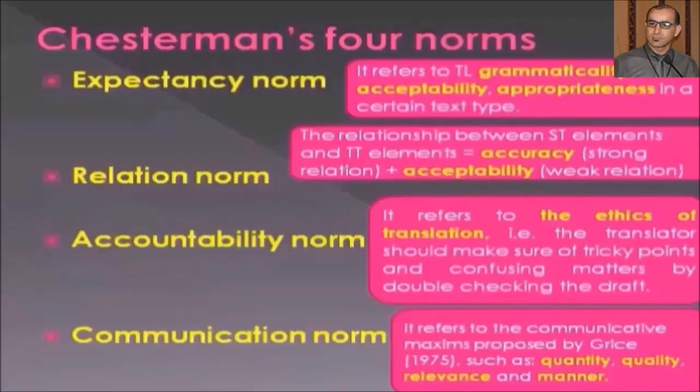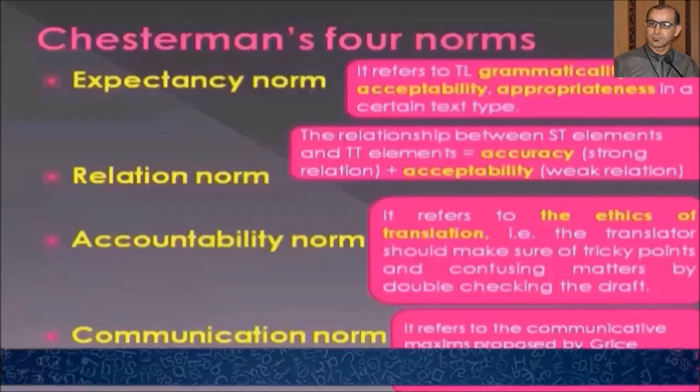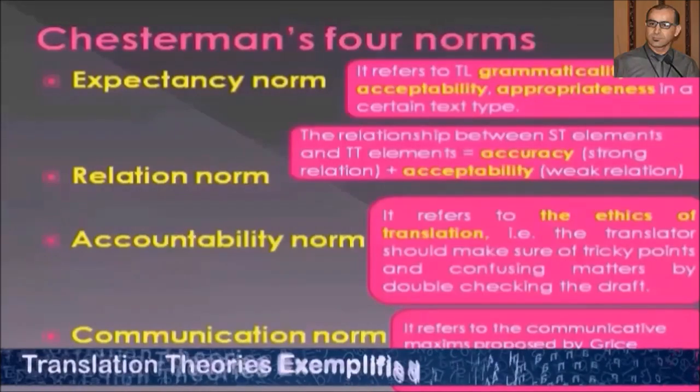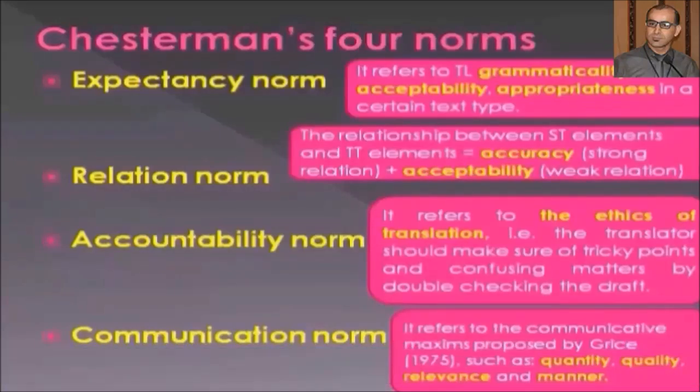The second norm, according to Chesterman, is relation norm: the relationship between the source text and the target text. If the relationship is strong, then your translation is adequate or accurate. But when the relationship between the source text and the target text is weak, then your translation is acceptable. Why? Because you pay attention to the reader.